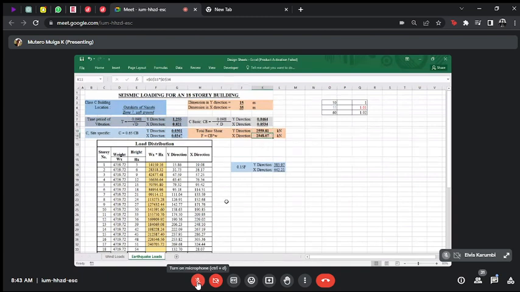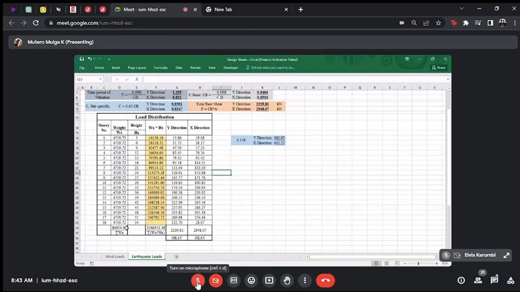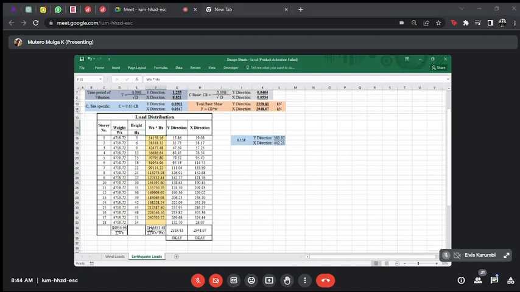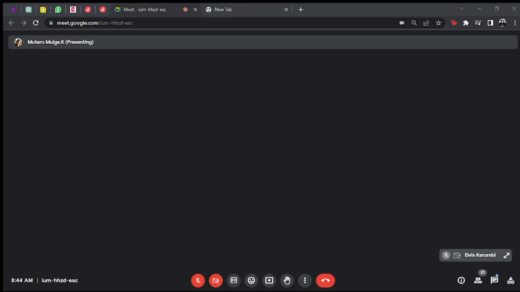So now the table, we have the story number 1 to 18. We have the weight of the building calculated with the total calculated down here. We have the height of the building from first floor to the 18th floor. And then the products of the height and the weight also totaled up down here. So these totals are the ones that we now use to distribute the forces in the x and y direction.